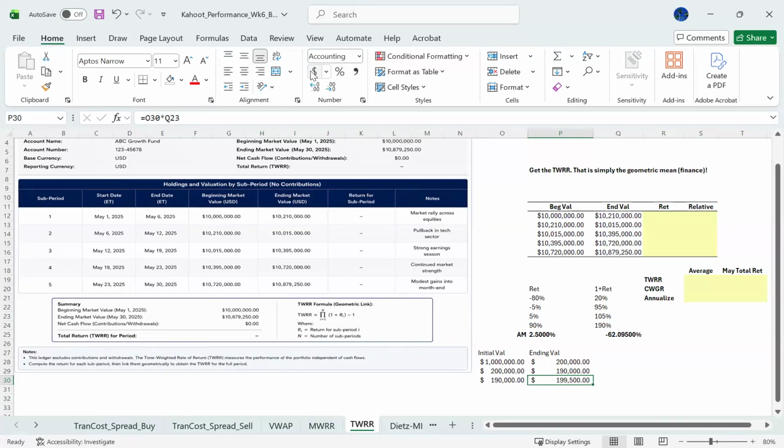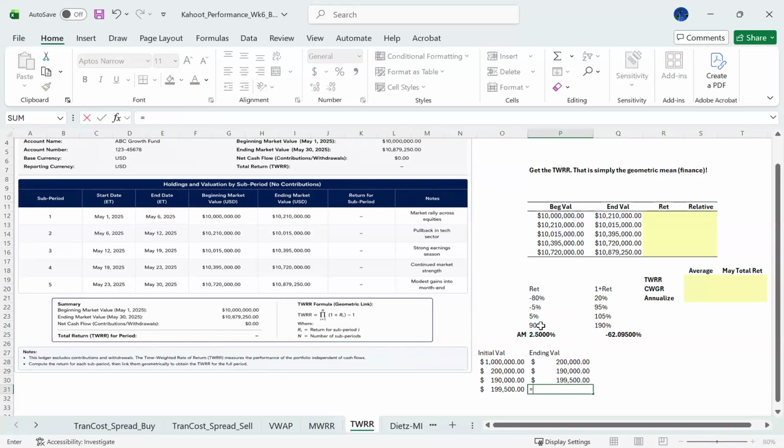199,500. You got 5%, but that 5% is not on the 1 million anymore. Now that 5% is only on 190,000. So it only represented 9,500, a much smaller amount. Then your next period, you started off with almost 200,000, not even 200,000. And then finally you hit this mark, the 90% large return you have at the end.